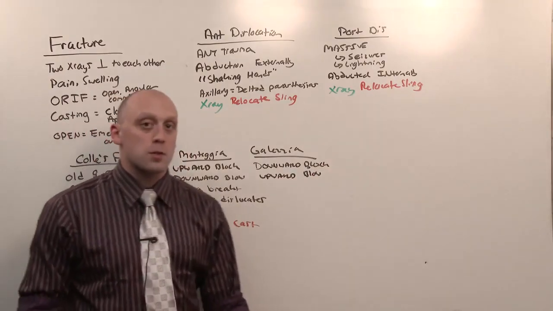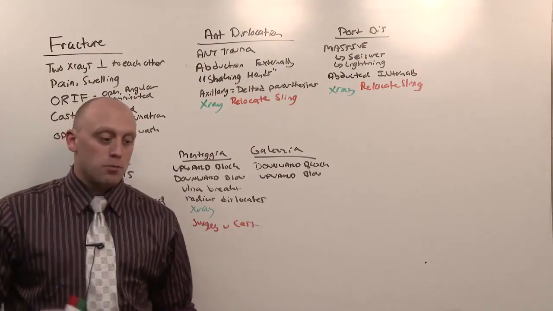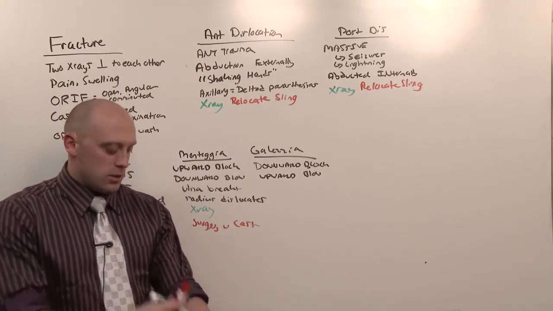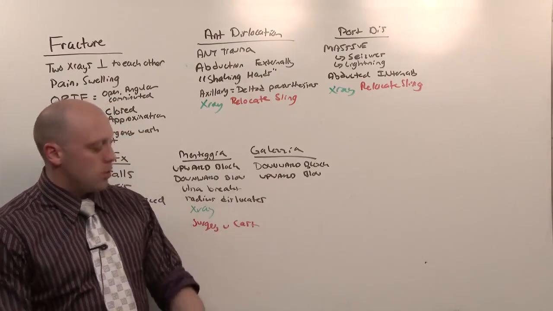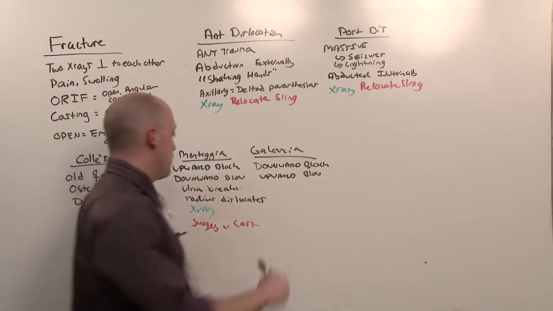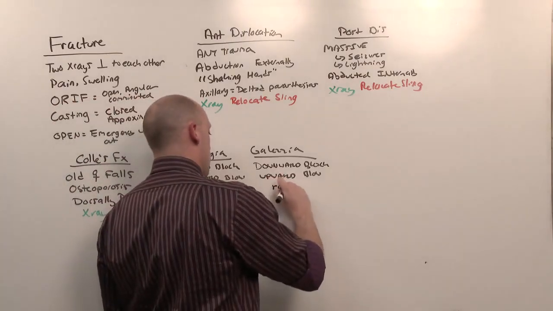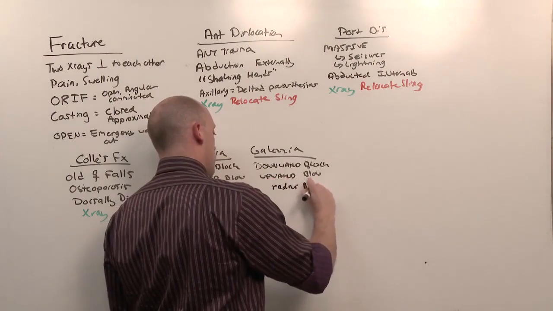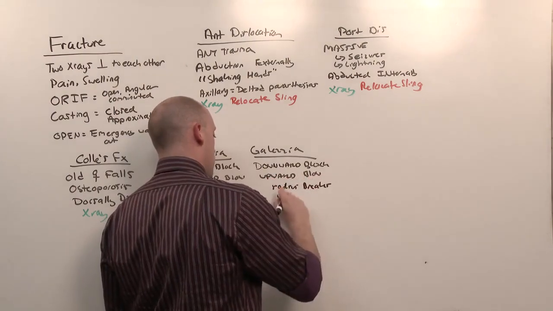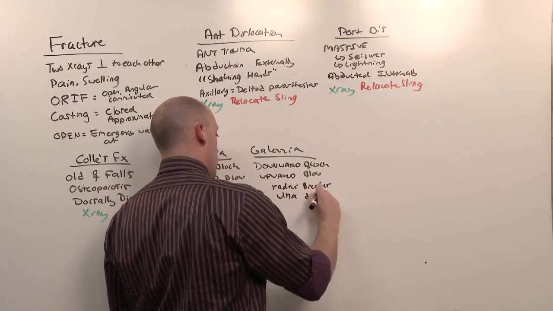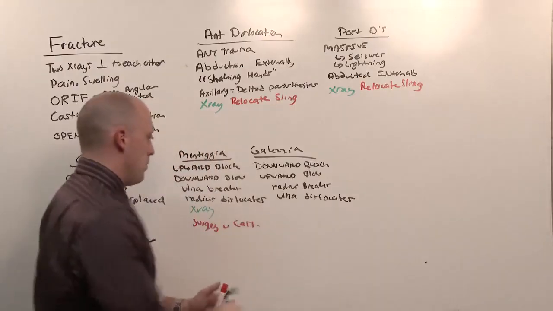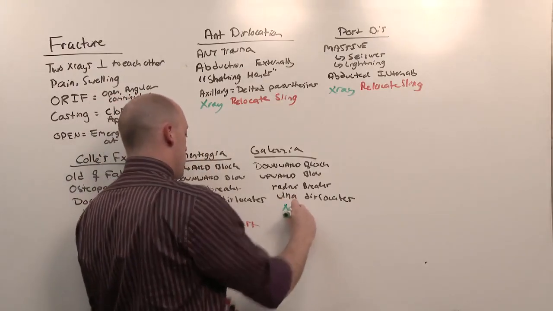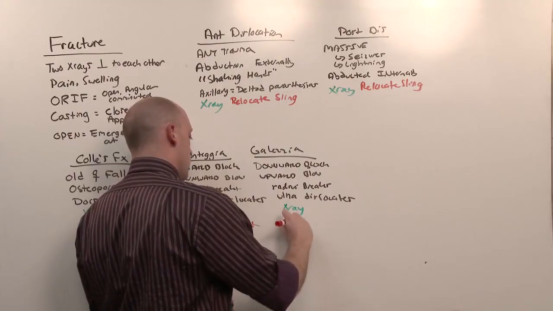The same thing happens in people who are trying to block a kick. As long as the radius is hit first, you're going to break the radius, displace the ulna. Diagnose it with an x-ray. Surgery versus cast.